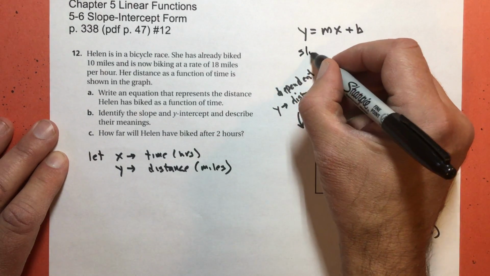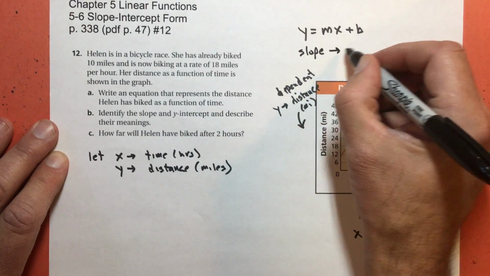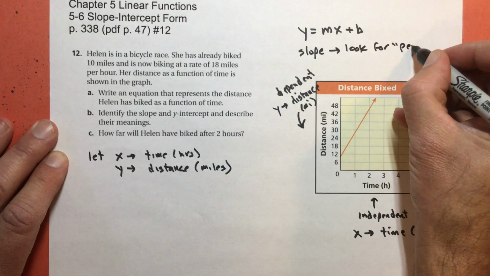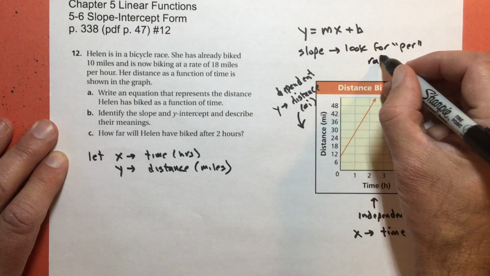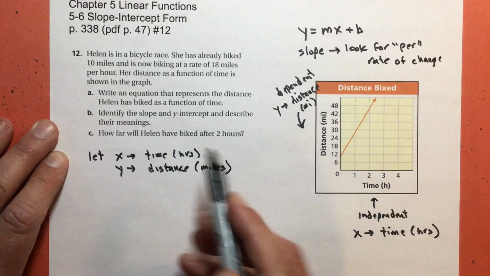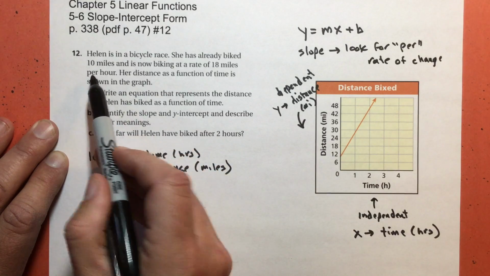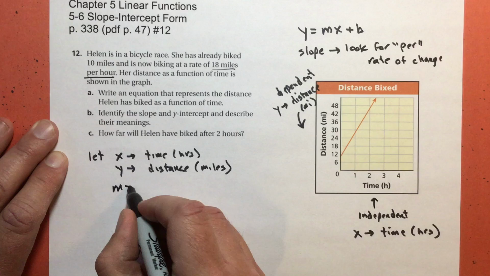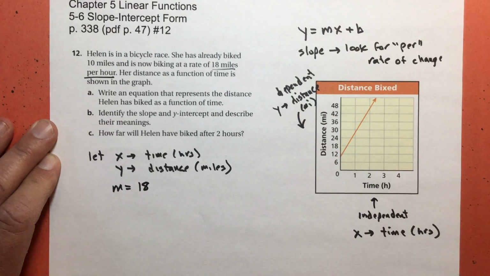Remember that in story problems, for the slope, look for the word per, because that tells me the rate of change. So I'm looking for the word per right there. So 18 miles per hour tells me my slope.